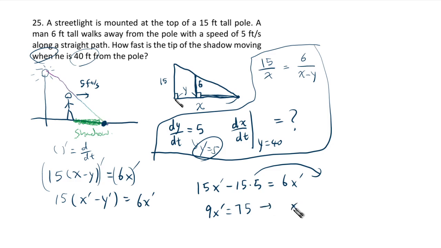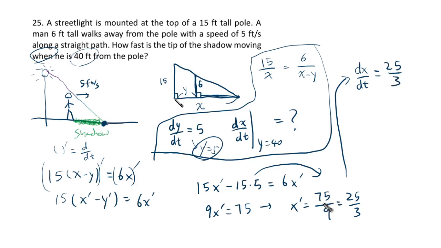And therefore, x prime would be 75 over 9, which is 25 over 3. What I just got here is dx dt equals 25 over 3. See, x prime is dx dt.